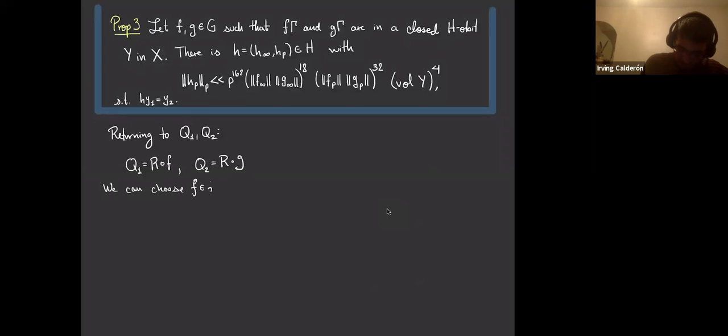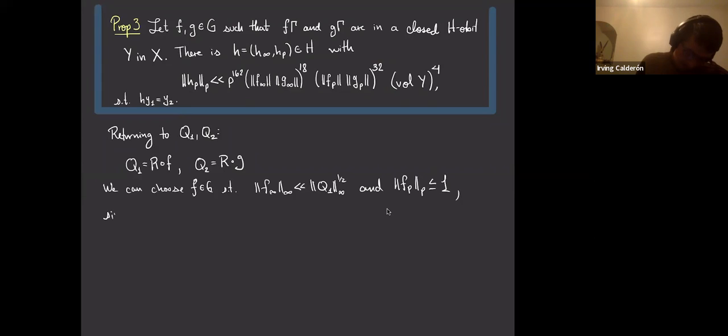It's easy to see that we can choose F such that the norm of F infinity is controlled by the square root of the norm of Q1, and the norm of F_p is less or equal to 1.